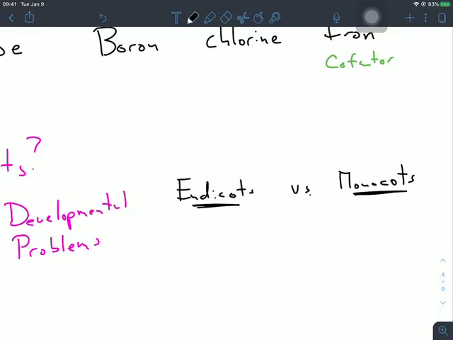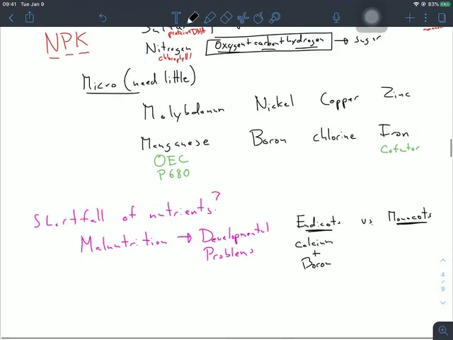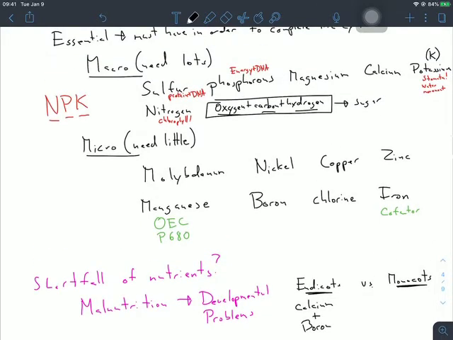Eudicots are generally recognized as needing a lot more calcium and boron than our monocots. And monocots are variable enough that there isn't a general trend across them, but they do grow fairly quickly, and their nutrient needs are still as important as other plants.